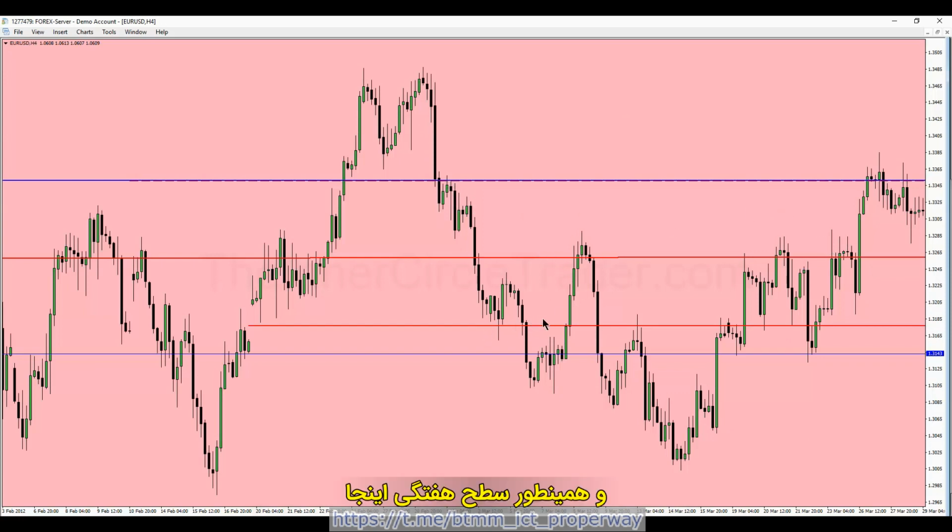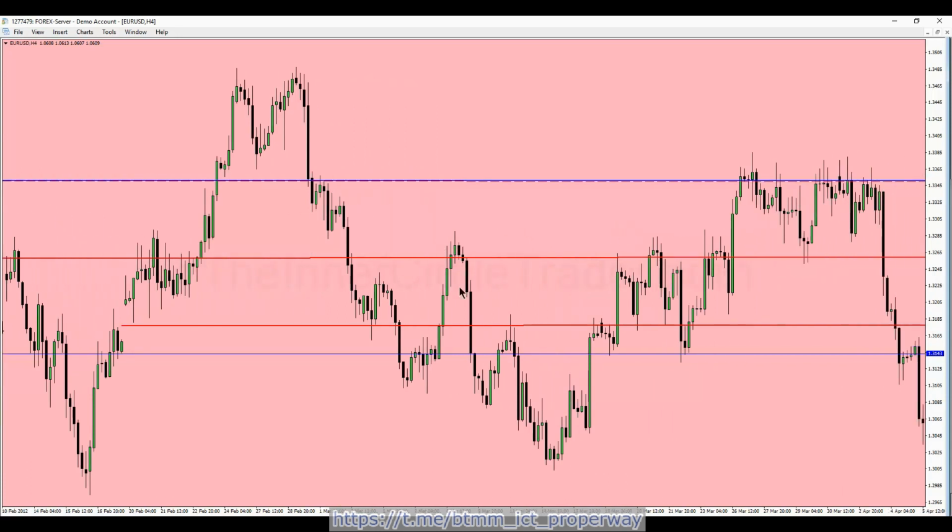Weekly levels in here as well. Trades back up into a bearish order block in here. Sells off.